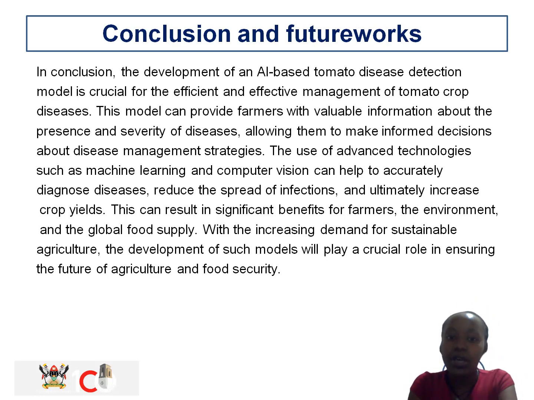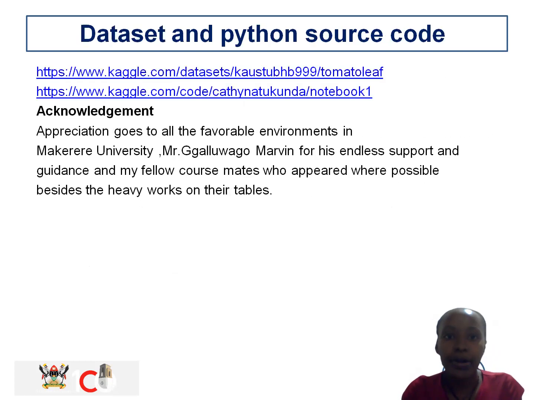This can result in significant benefits for farmers, the environment, and the global food supply. With the increasing demand for sustainable agriculture, the development of such models will play a crucial role in ensuring the future of agriculture and food security. Making informed decisions will ensure the future of agriculture and food security in our world.